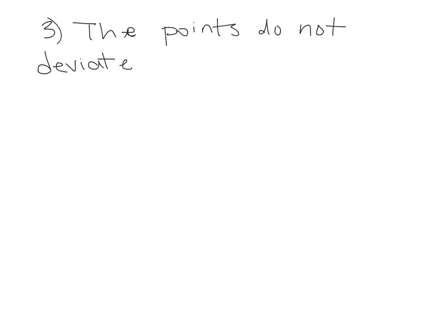In part 3, what type of characteristic of a scatter plot would indicate that there's a strong linear relationship? The points do not deviate greatly from a line. So they'll appear to be pretty linear. Like we just made some points here. These points appear to be pretty linear, and that would be a strong linear relationship.